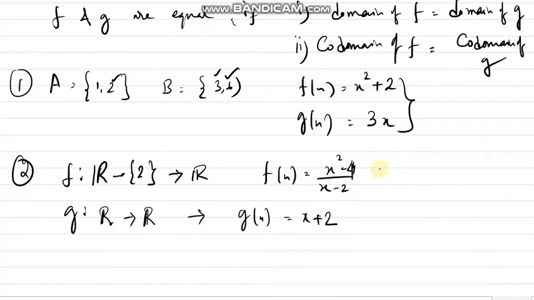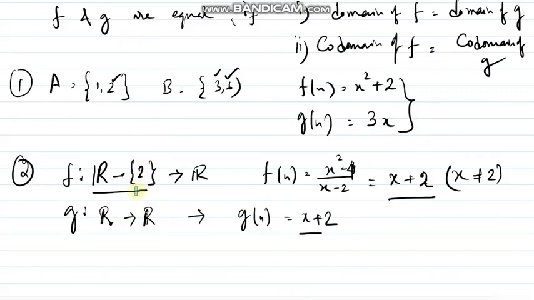Now check: the first function will equal x + 2 as x doesn't equal 2, which is already given. So the two functions have the same rule. But what is the domain?